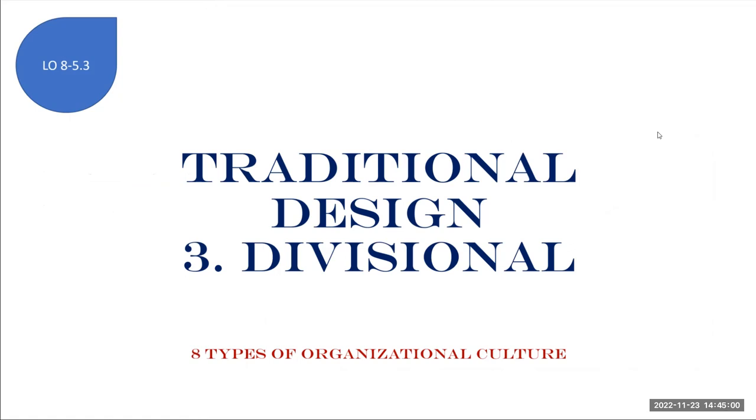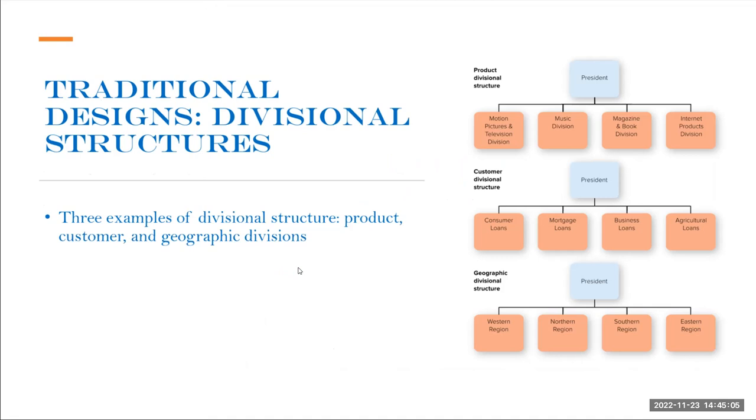So next is a divisional design, right? A divisional structure is grouping by similar purpose. People with diverse occupational specialties are put together in formal groups by similar products or services, customers or clients, or geographic regions, right? Product divisions group activities around similar products. Customer divisions tend to group activities around common customers or clients in a specific region, right?